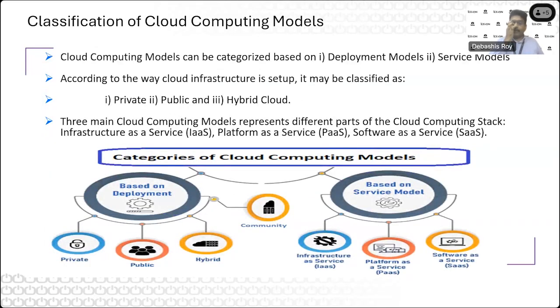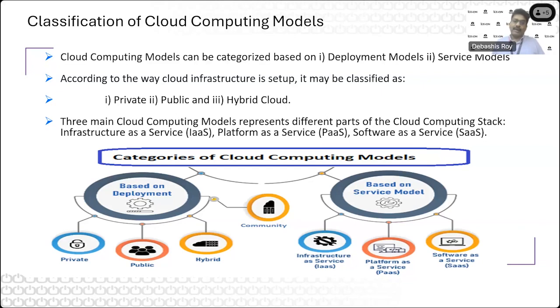Now, if we talk about the classifications, the cloud computing models can be categorized based on the deployment models and the service models. According to the infrastructure setup, it may be classified as private, public, and hybrid cloud. As per the service model, the cloud computing models represent the cloud computing stack.